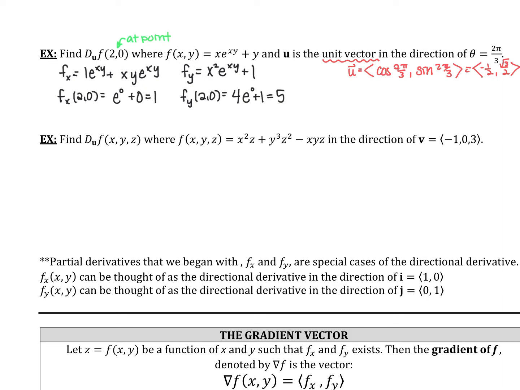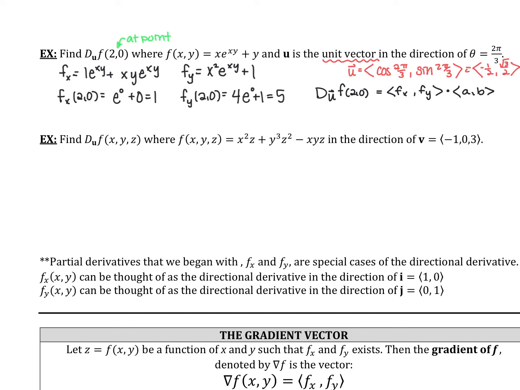Now, if I want to find the directional derivative in the direction of u at the point 2, 0 for the function f, I know I'm going to be doing the dot product of this partial derivative vector and the unit vector.